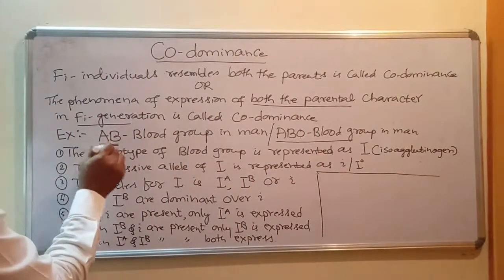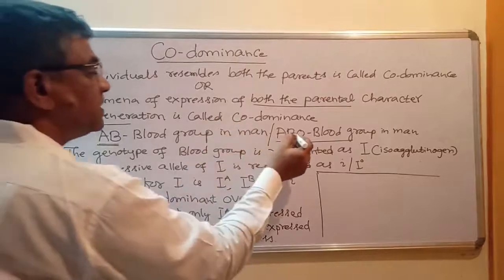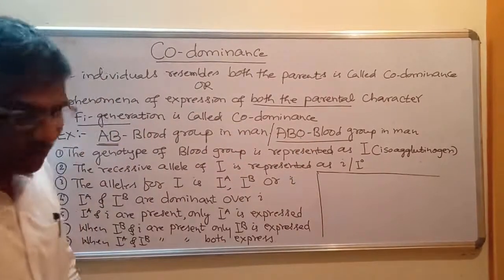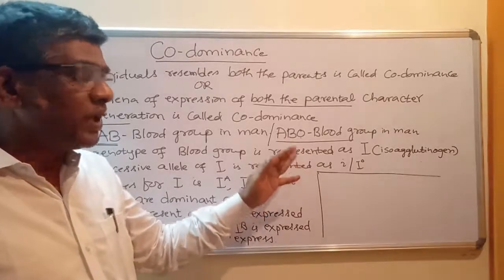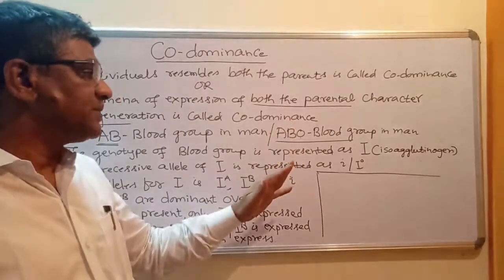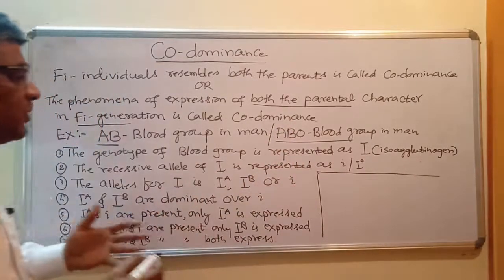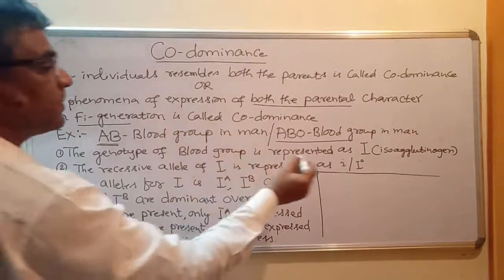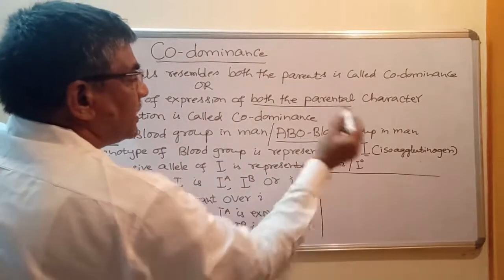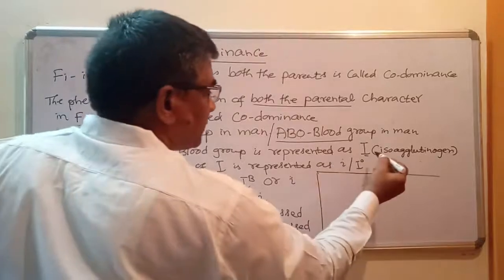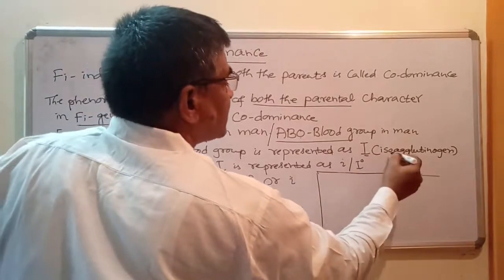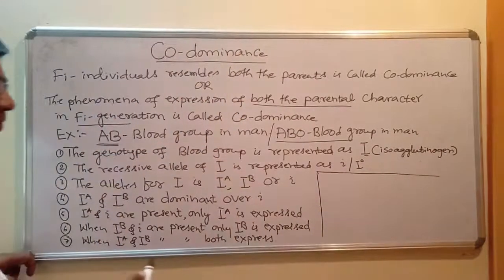The ABO blood group itself is a phenotype. A group, B group, O group, AB group are themselves phenotypes, but the genotype for blood group is represented as capital I. This I stands for isoagglutinogen.